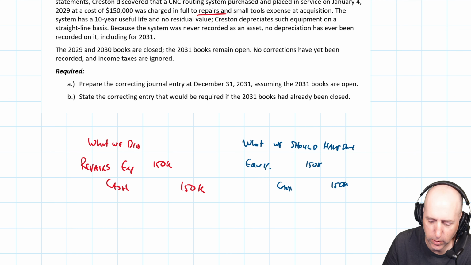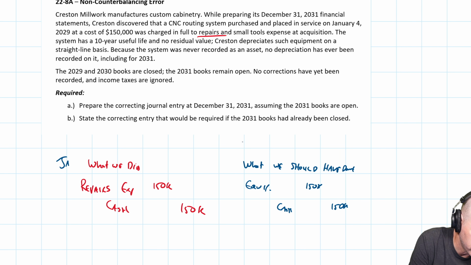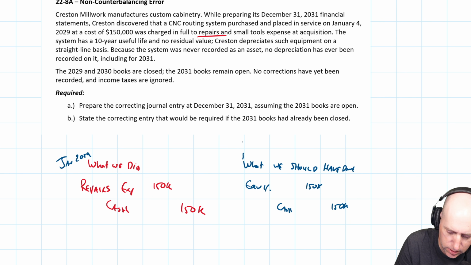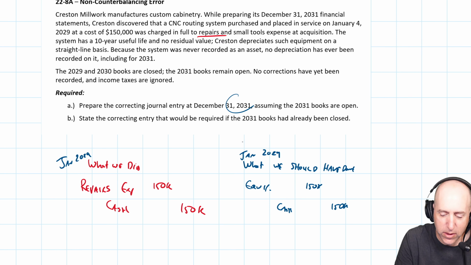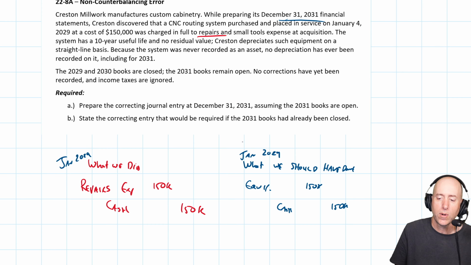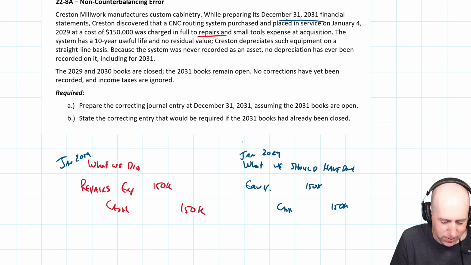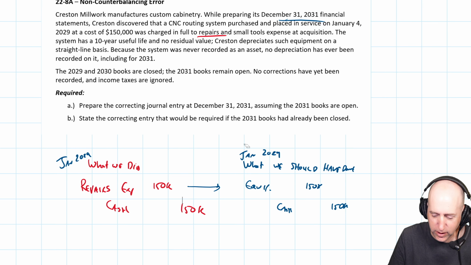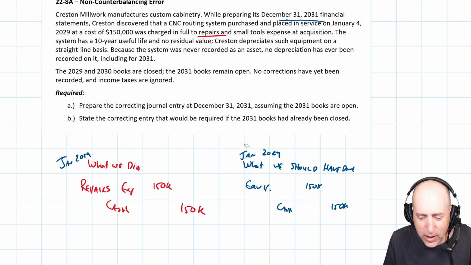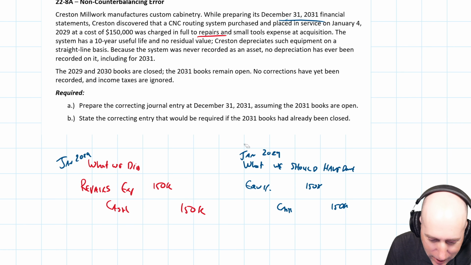But as a consequence, and this was in January 2029, well, today it's 2031 and we discover the error, right? Preparing the December 31st, 2031 statements, we figured out, oh, shoot, we called something repair expense when we should have called it capital, like 2-3 years ago. So we've got to fix the error, but it's an old error. So that's what we're up against.